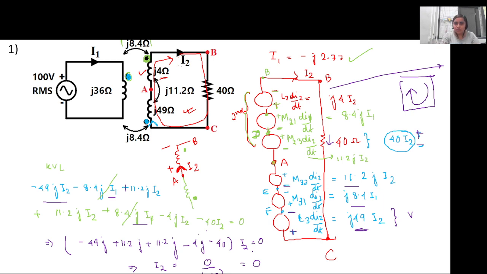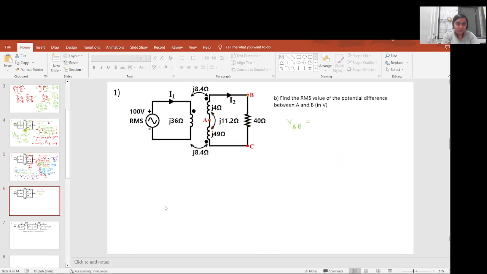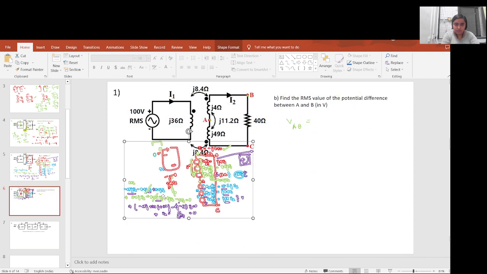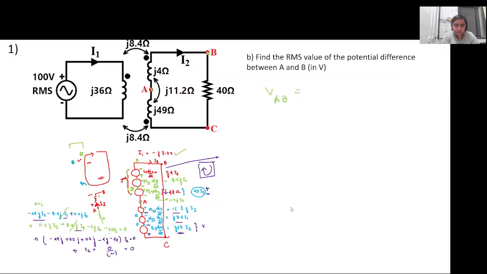Let me see if I can take this circuit there. Now we have been asked to calculate the value of VAB.